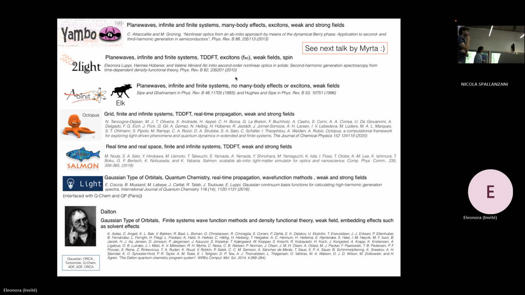You talked about the electronic contribution of the harmonic generation. Yeah, I talked about the electronic contribution. And what about the ionic contribution? Okay, ionic contribution, to my knowledge, most of the things done on second harmonic generation include only the electronic contribution.